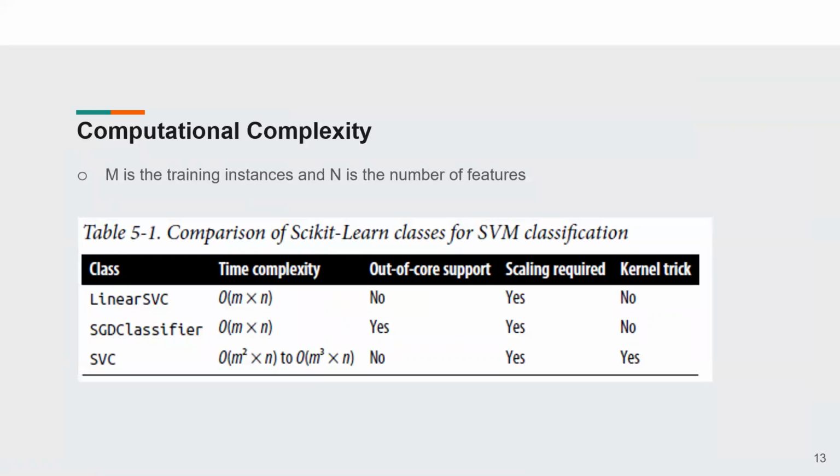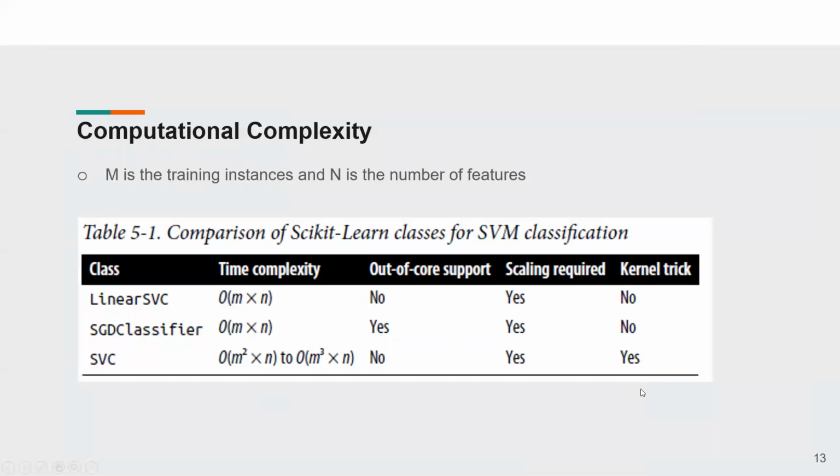In terms of computational complexity, let's compare linear SVC, SGD classifier, and SVC. M is the number of training instances, and N is the number of features. One thing you should be aware of in this table is that only SVC supports the kernel trick.